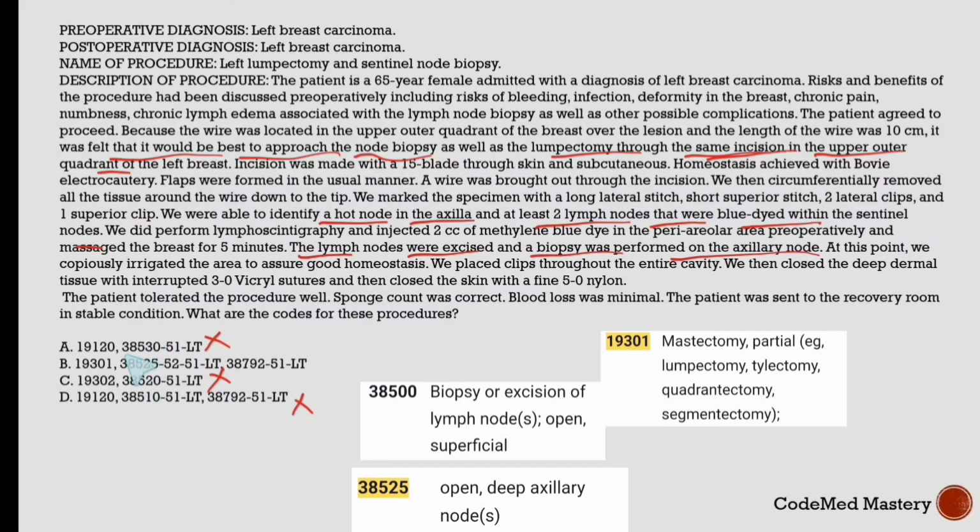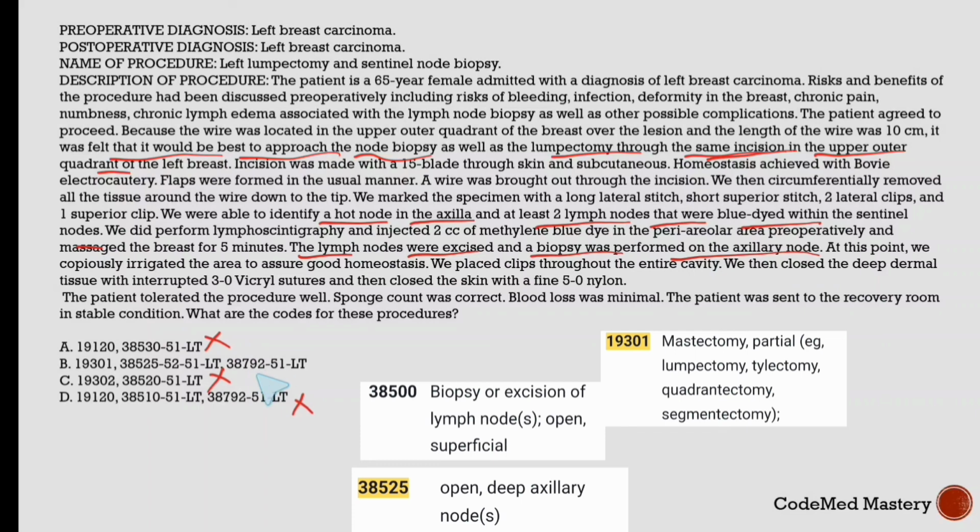Because they have not made an additional incision for node biopsy. Through the same incision itself, they have approached the node biopsy. So we are coding modifier 52, and modifier 51 is for multiple procedures. You can see here there are multiple procedures, right? That is left lumpectomy and there is node biopsy. So it is multiple procedure. So we are appending modifier 51.